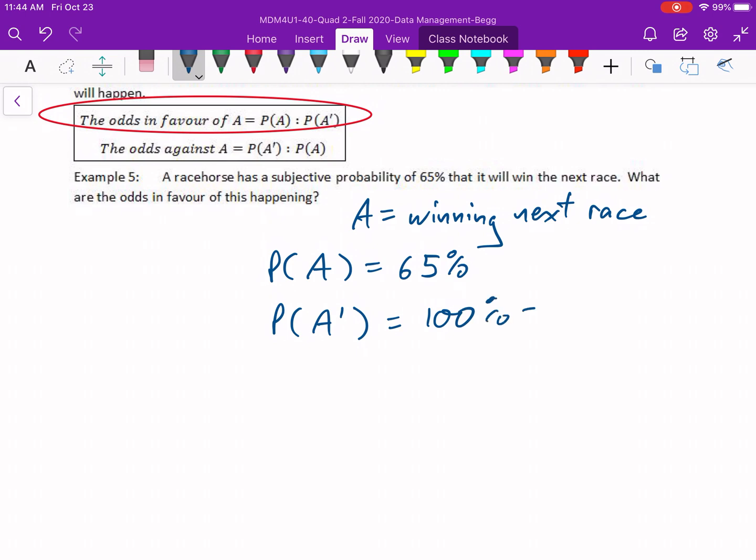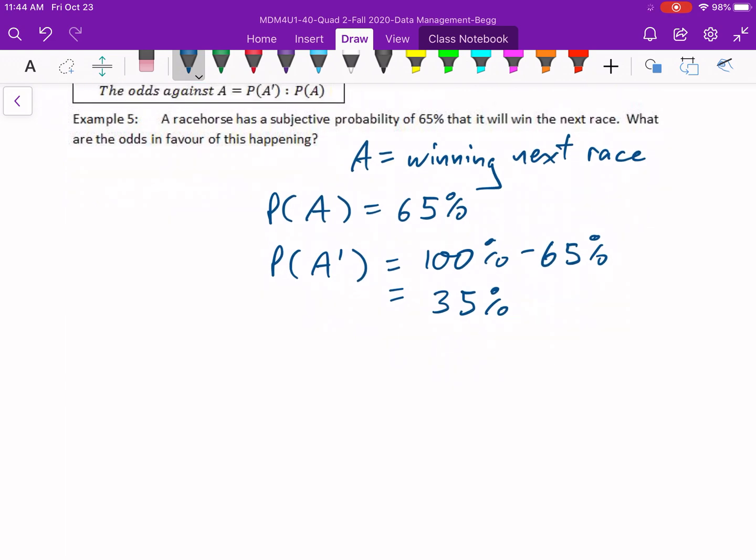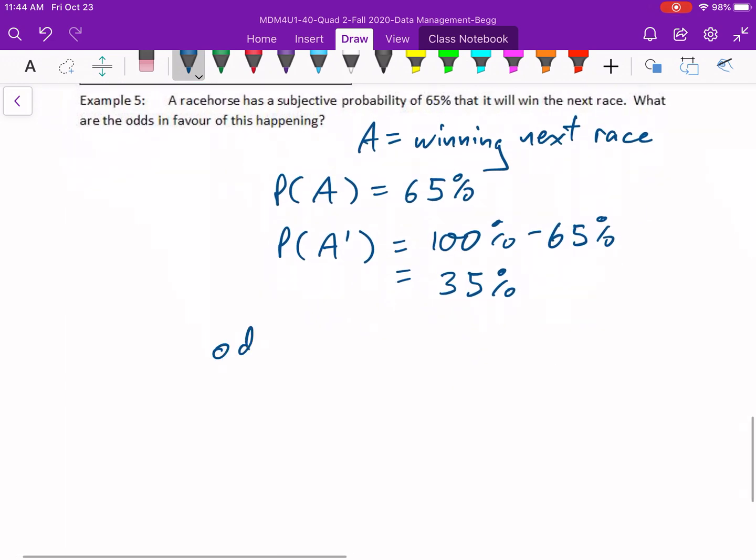Again, probabilities have to add up to 100% as percents, or add up to 1 if you have them as decimals or fractions. But anyway, the probability of success is 65%. The probability of failure, the complement, is 35%. Therefore, the odds, again, are the ratio of success to failure, 65 to 35.